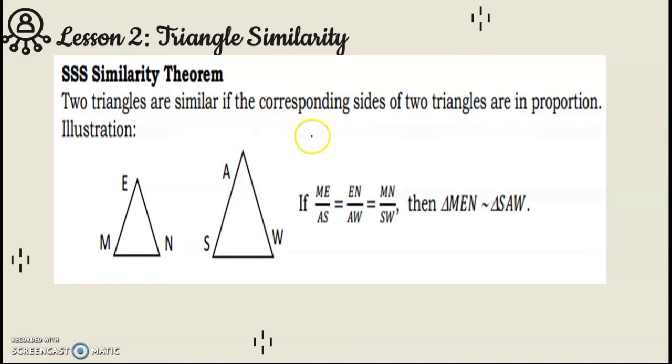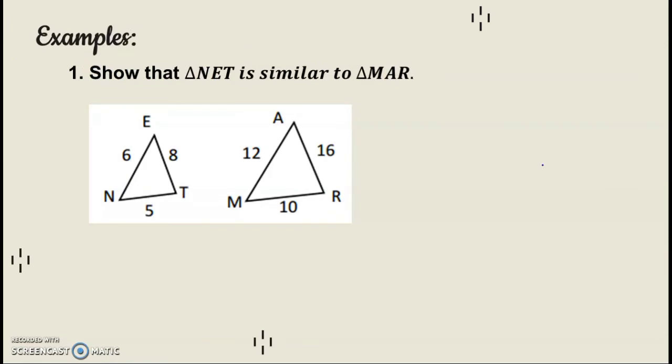Okay? Next, dito na tayo sa SSS, tatlong S. So, ibig sabihin, corresponding sides of two triangles are in proportion. Okay? So, MEN, so ME over AS is equal to EN over AW and MN over SW. Then, triangle MEN is similar to triangle SAW. So, example.